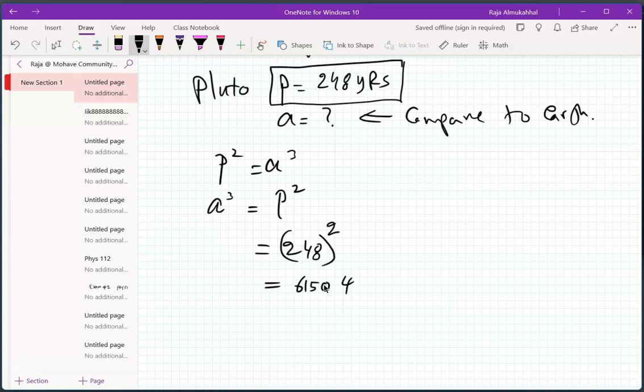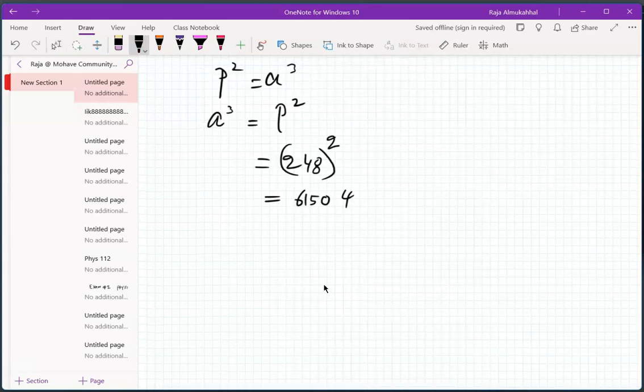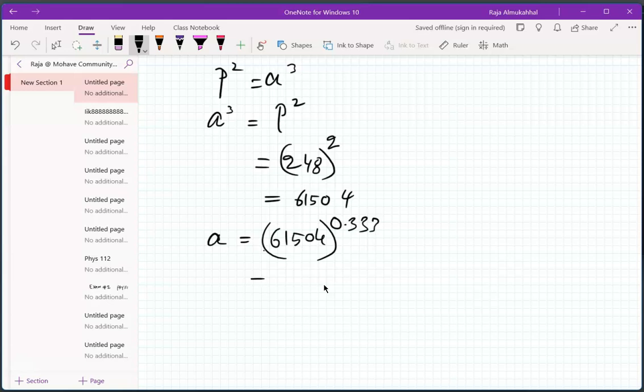And then we take the cube root of that. And the cube root, as I told you, you simply put it to the power of 0.33 if you have a primitive calculator, like the one I have. So that's to the power of 0.333. Again, you may have a dedicated button for the cube root, so you don't have to bother with what I'm doing. So anyway, let's do that.